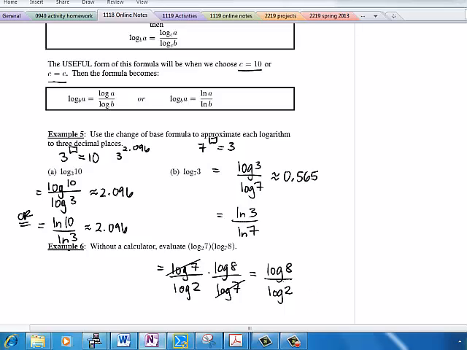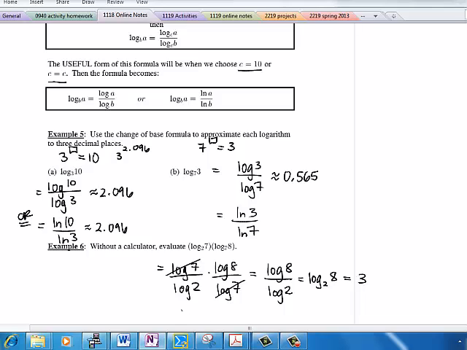And again, I don't know what the log base 10 of 8 is. I don't know what the log base 10 of 2 is. But now I can use the change of base formula in the other direction. If I have a quotient like this, I can put it into the log base 2 of 8. And that's something I know. The exponent I put on 2 to get 8 is 3.